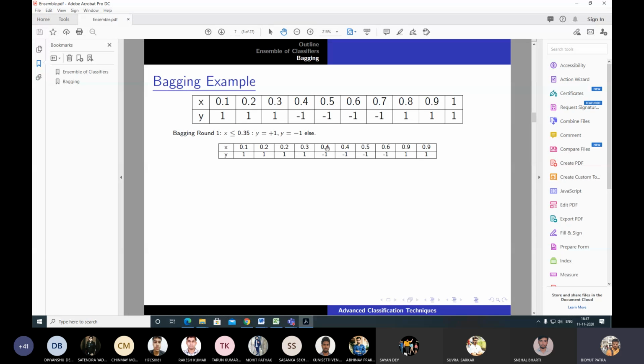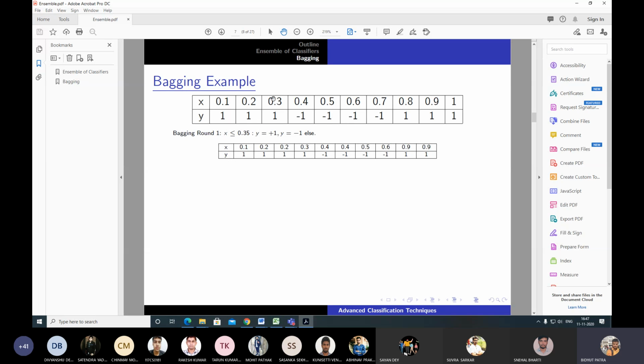Similarly 0.3, 0.4, 0.4, 0.5, 0.6, 0.6, 0.9, and so on. So there are 10 objects with duplicates. You know the class label of 0.1 is 1, 0.2 is 1, 0.3 is 1, then minus 1, minus 1, minus 1, and so on.